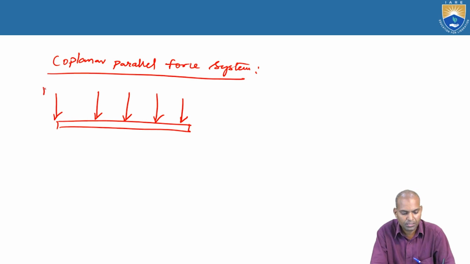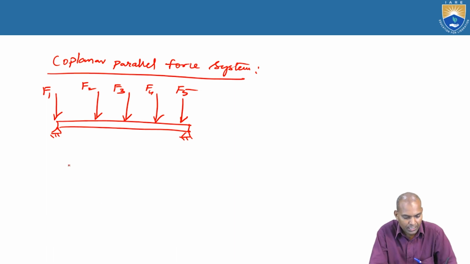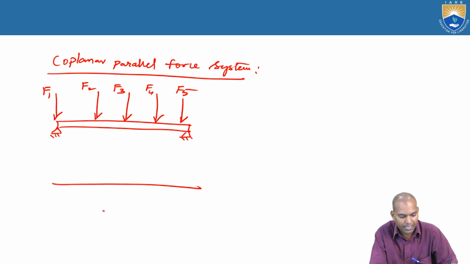These are the forces F1, F2, F3, F4 and F5, which are supported by knife edge supports. These forces are known as the parallel force system. These are like parallel forces, all acting in the same direction.